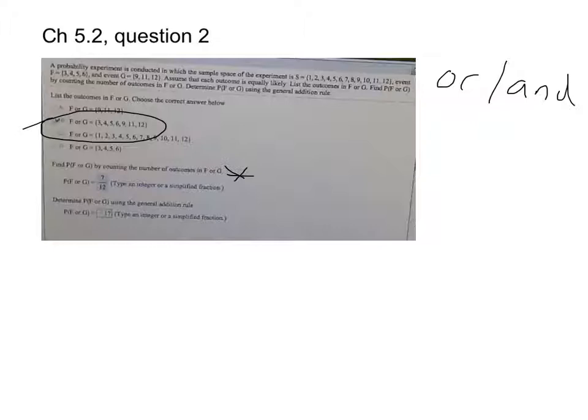So really all that's saying is to count up the number of outcomes here, and I take it there's 7, right? And divide that by the total number of possibilities, which is 12. So there's 7 ways to get either F or G, and there's 12 things that could happen overall. So the probability of F or G is really just 7/12.